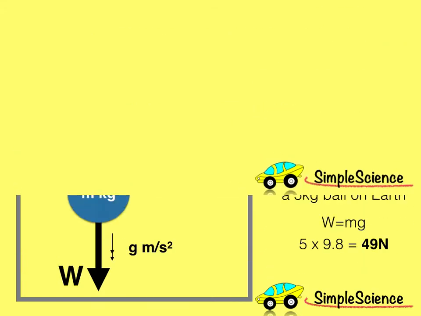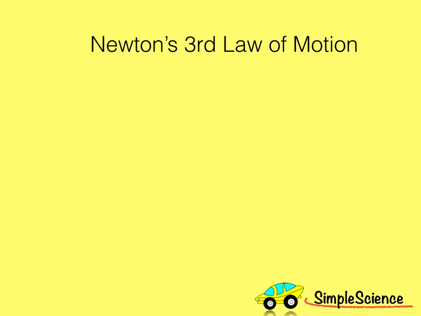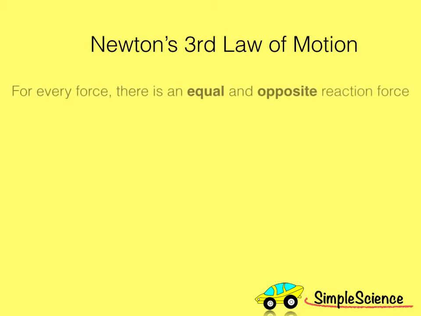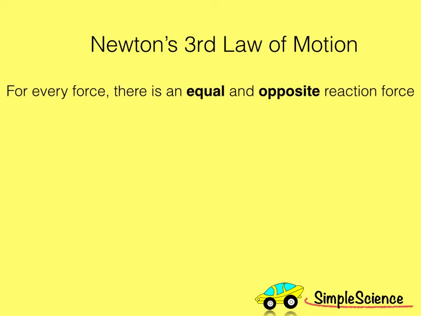And Newton's third law of motion is, well, the hardest one to understand for a lot of people. And that is, for every force, there is an equal and opposite reaction force. So for every force, there is another twin force that is equal in magnitude but opposite in direction.